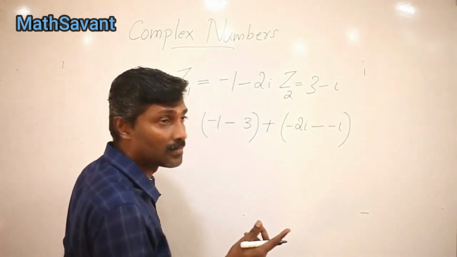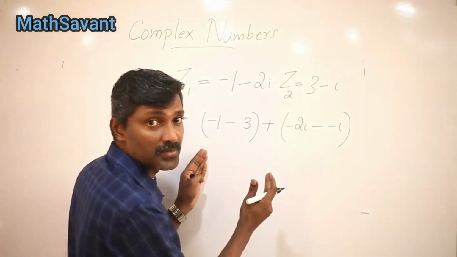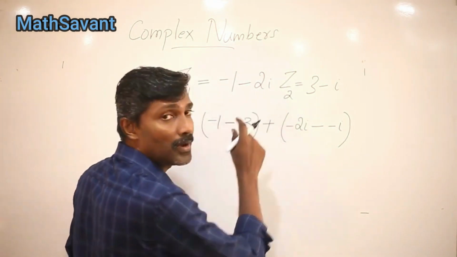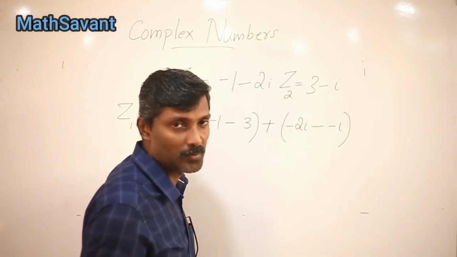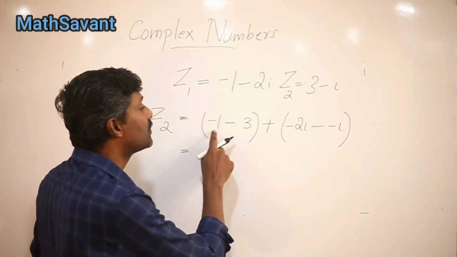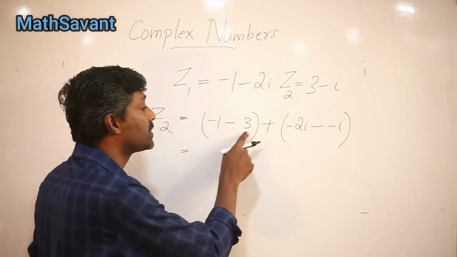We have subtracted, right? Minus 1, minus 3, subtraction of the real numbers, plus minus 2i minus the imaginary part of the second complex number. Now let's find out what we get. Minus 1 minus 3 means both the numbers are negative. We have minus 1 and minus 3, right?